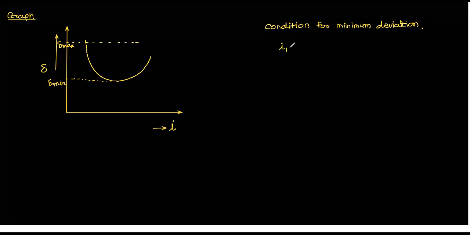So here also i1 is equal to i2, again I am repeating, and delta minimum should be equal to 2i minus A, and the refractive index mu is equal to sine of (A plus delta minimum) by 2, I am keeping this A and delta in one bracket, divided by sine A by 2.